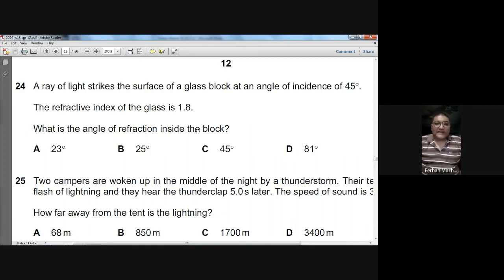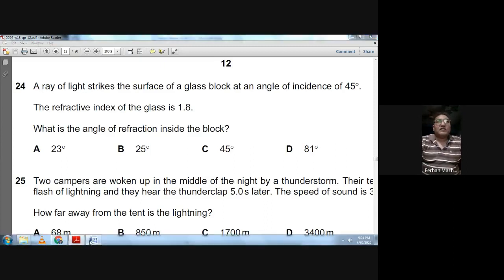That ratio between the sine of angle of incidence and sine of angle of refraction is called the refractive index. N equals sine i divided by sine r, where n is the refractive index. I have done this question on a paper. Let me show you that.